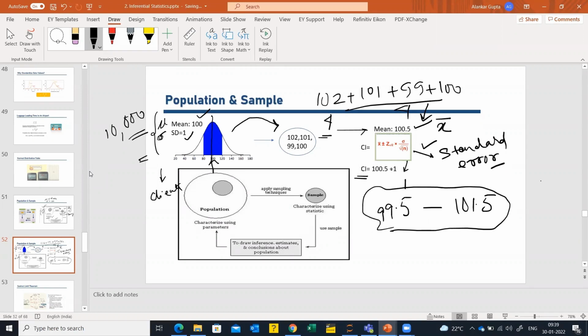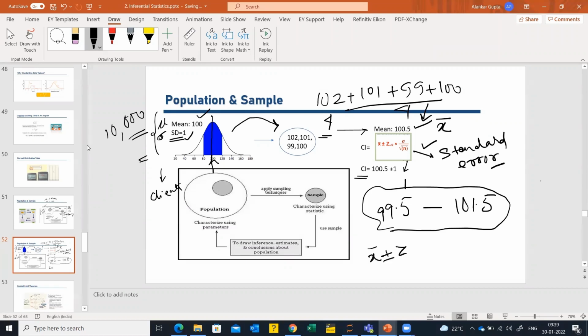The formula of the confidence interval which we have is here: X bar plus or minus Z alpha by 2 into sigma by root n. You already know what sigma is; sigma is basically the standard deviation.